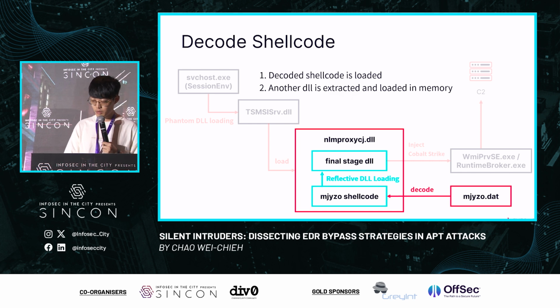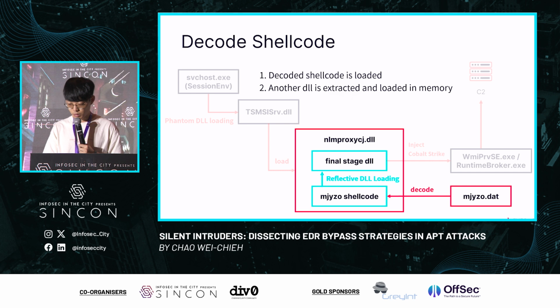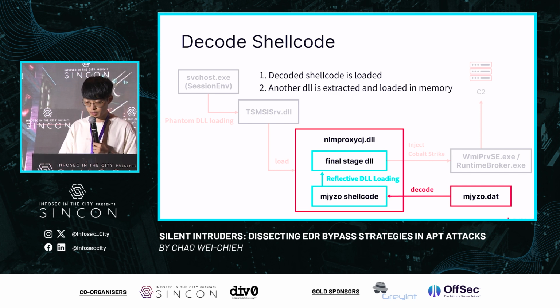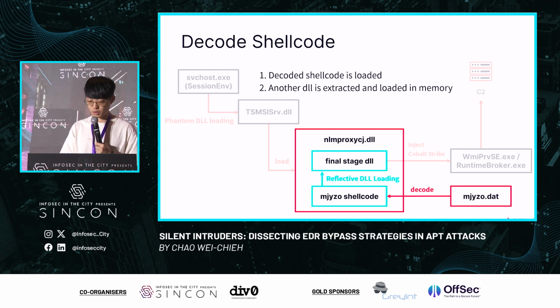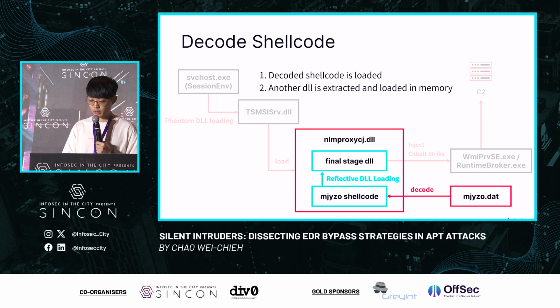And in the second stage, the encoded shellcode is decoded and will be loaded into memory. And after that, the second, final stage DLL will be loaded as well. And it will use the reflective DLL loading method to load the DLL into memory.